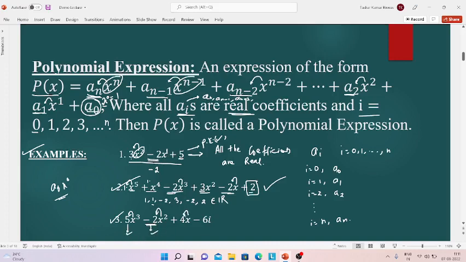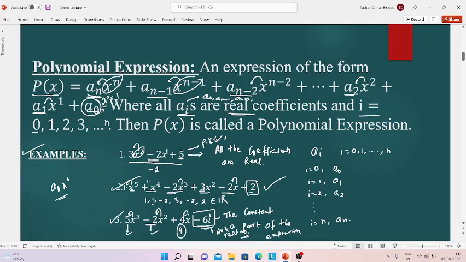The part which is multiplied with x is 4, which is also real, but here you can see that the constant part of the expression is minus 6i, so this is not a real number, right?